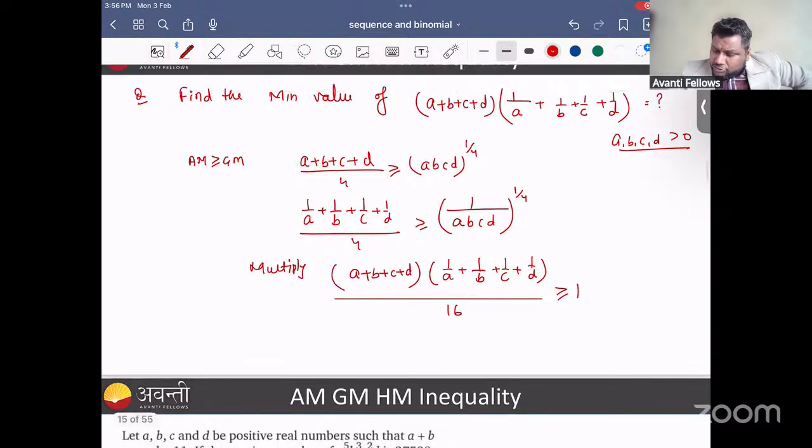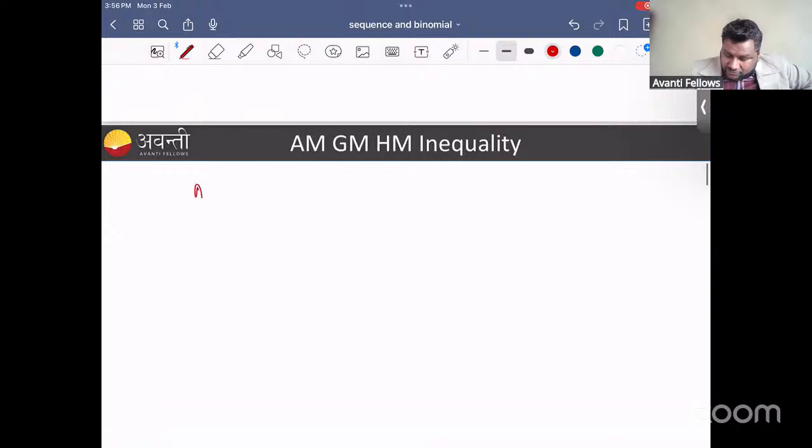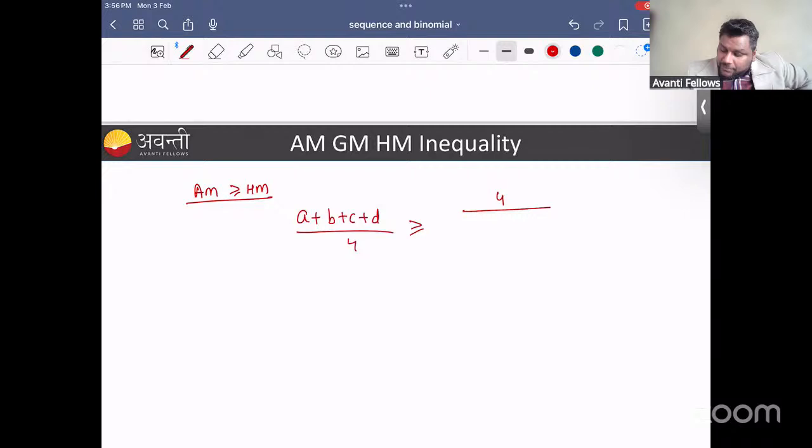This question can also be done in a little bit of easier way if I directly use AM more than equals to HM. So for four positive numbers A, B, C, D, what is arithmetic mean? A plus B plus C plus D by 4 is more than equals to what is their harmonic mean, 4 upon 1 by A plus 1 by B plus 1 by C plus 1 by D. Understood?